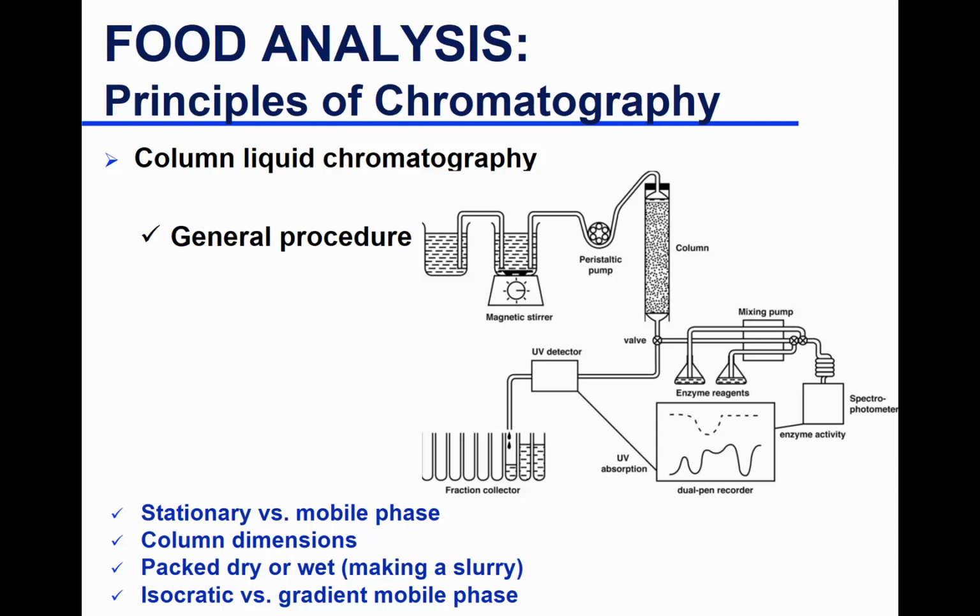I've only ever done wet packing, but you take your mobile phase and you stir in usually silica or whatever your stationary phase is. While it's mixing and suspended in solution, which is hard because a lot of times it wants to settle down, so you have to keep it stirring, you pour the mixture into the column, and your mobile phase runs out, and what you have left is your stationary phase packed in without any air bubbles, just perfectly even.